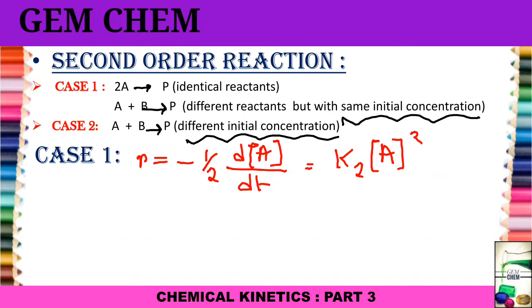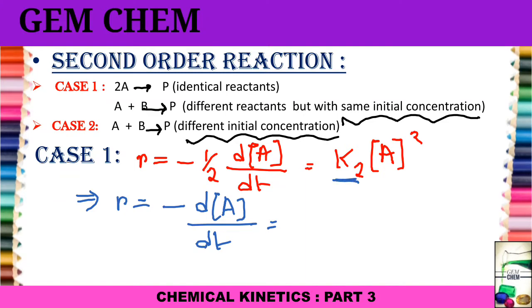I will directly write the equations here. How it came, it is necessary to understand from the introduction video, right? Now see, from here we can also write R equals minus dA by dt and take the half on the right hand side and incorporate it in K2 concentration. So it will come to be as K2 A square.